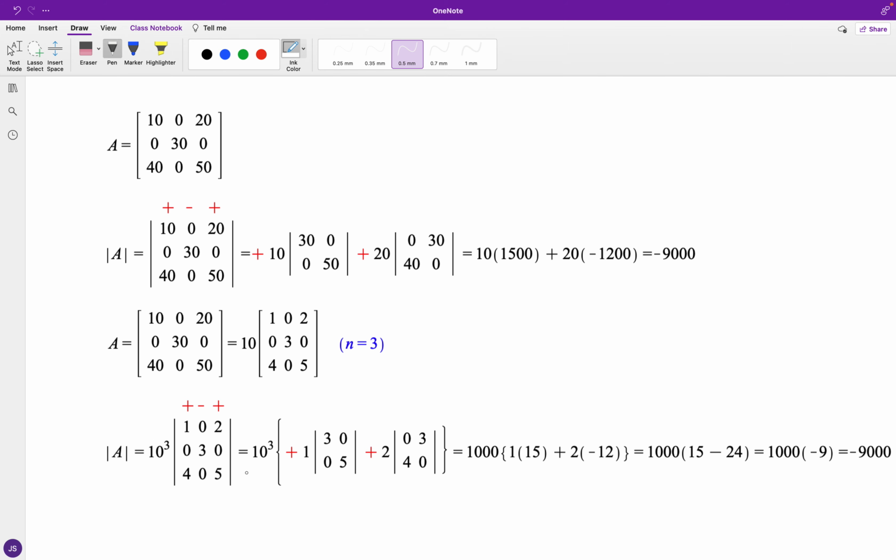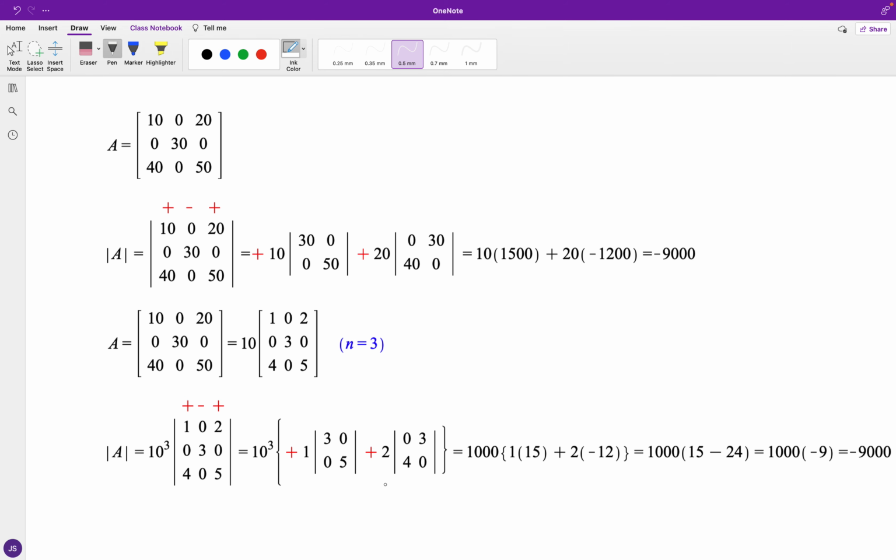So I have 10 cubed times the quantity: plus 1 times the minor of the first row, first column, so I have 3005, and plus 2 times the minor of the first row, third column, so I have 0340.